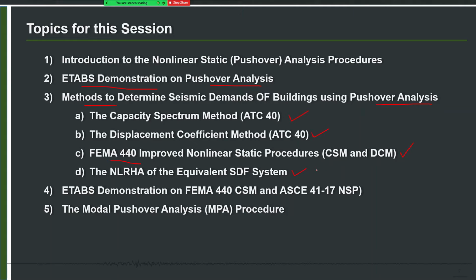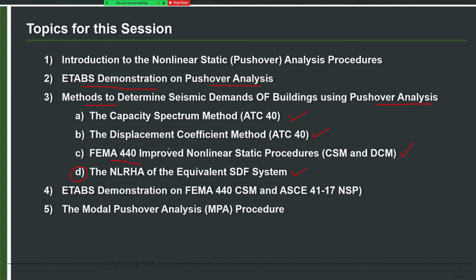Using the pushover curve and pushover analysis, you can approximately convert your multiple degree of freedom system into an equivalent single degree of freedom system, and then you perform its time history analysis, and the results can again be converted to the responses of the multiple degree of freedom system. So this option D can also serve as one method to determine seismic demands using pushover analysis.